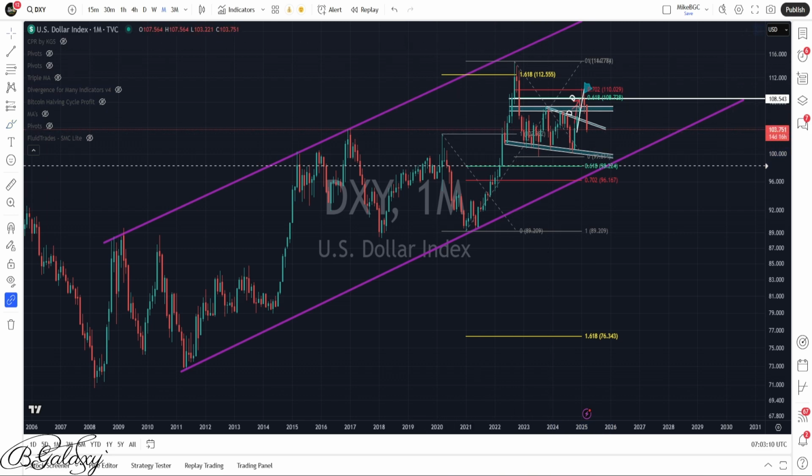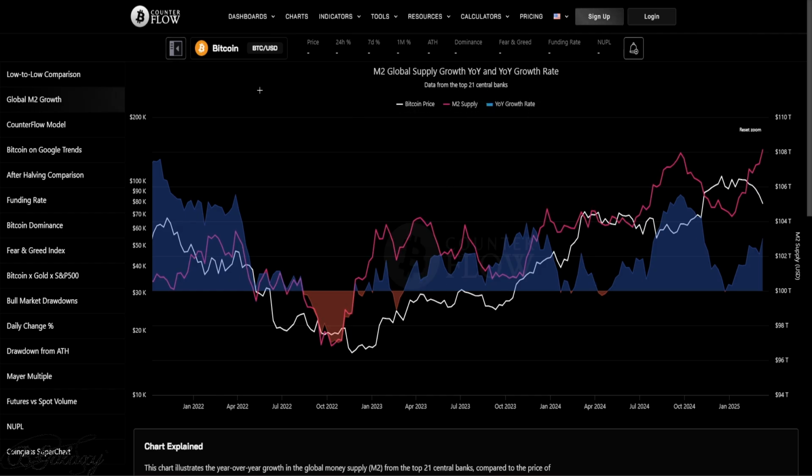And if I switch to the global liquidity I have in here from October 2022, when the price of Bitcoin was about $16,000 to $17,000, the very bottom for Bitcoin, as you can see, every time the global liquidity, which is the red line, and the Bitcoin price, the white one, every time after the global liquidity reached the top, we see after that Bitcoin price follow to the upside.